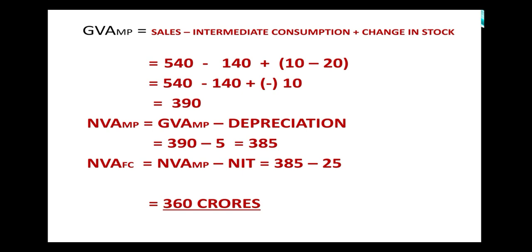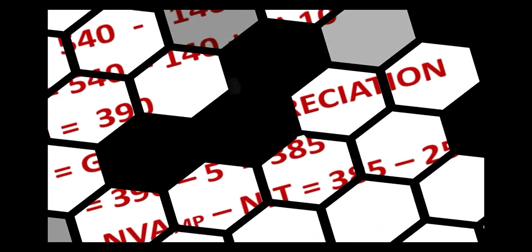If we subtract the net indirect taxes from it, it will become the net value added at factor cost. It is 360. Step by step we will solve the numerical, then ultimately the answer will come. Okay, I hope you understand.